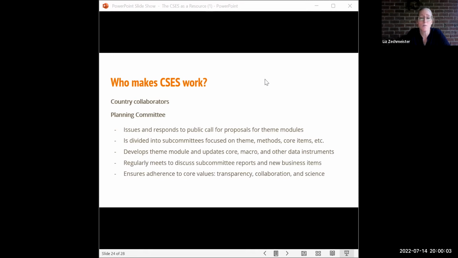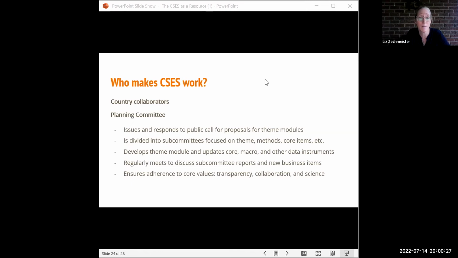So this is the group that issues and responds to a public call for proposals for theme modules. So you might have been thinking, why those theme modules? Well, because the planning committee issued a call for proposals and then responded to that call by evaluating the proposals that came in and selecting a theme to pursue for that module.